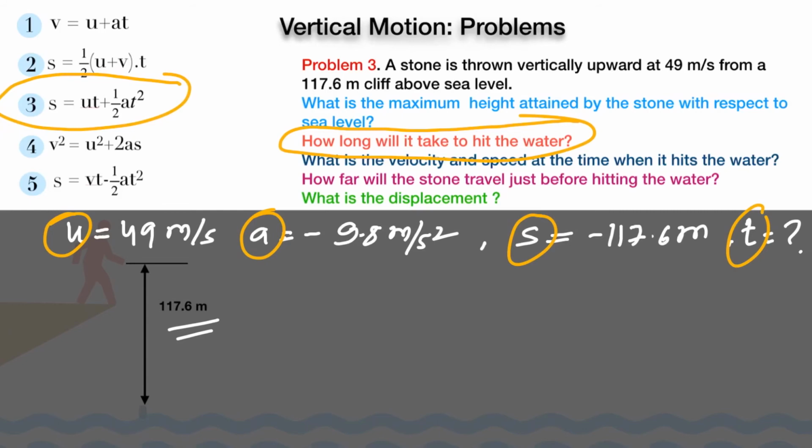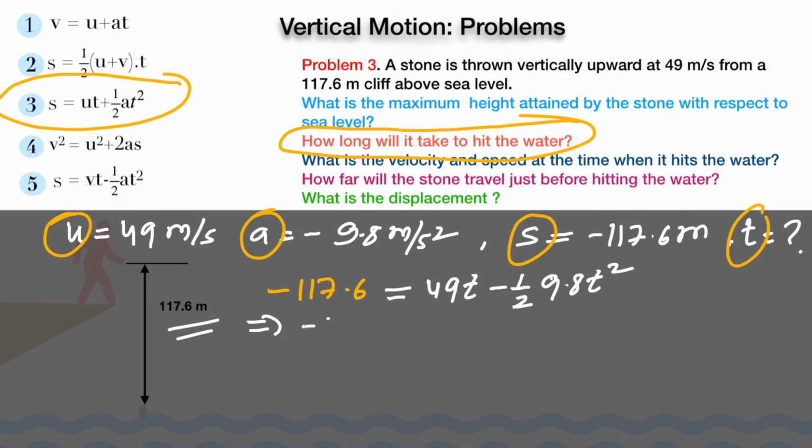By putting the values here, S equals minus 117.6 equals ut, 49 into t, minus half 9.8 t square, and this can be rearranged.